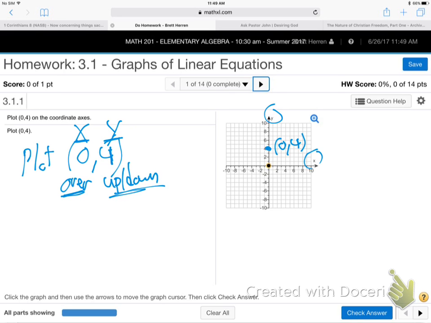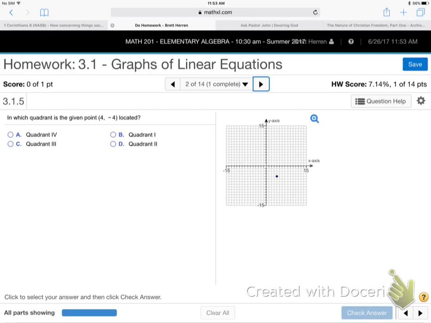So let me show you how the Math Excel little graph maker works. Where's quadrant 1? Yeah, upper right. This is quadrant 1, 2, 3, 4. We use Roman numerals so that we don't confuse them with the other numbers on the graph.